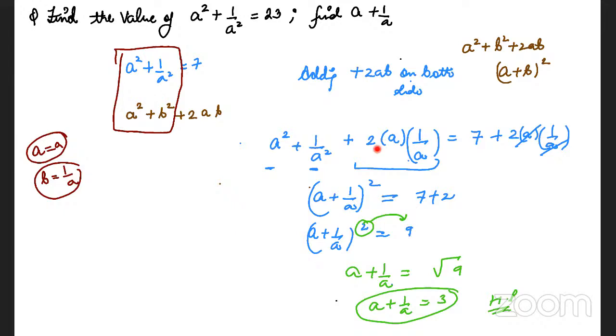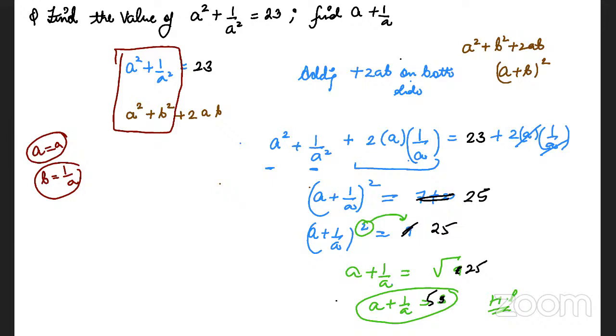It's 2 into 8 into 1 by 8, equals to, the 7 will become what? 23, because it's given as 23. Then 23 plus 2 will become 25. So root of 25, the value is 5.